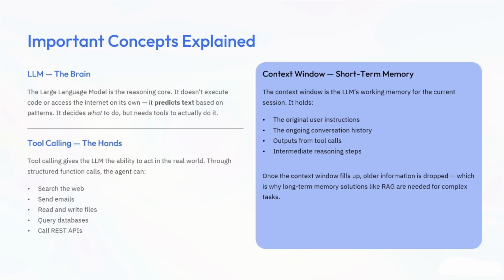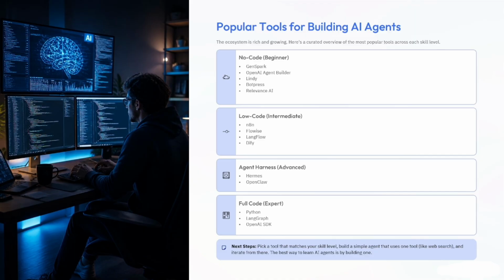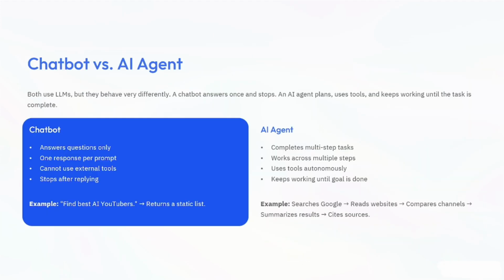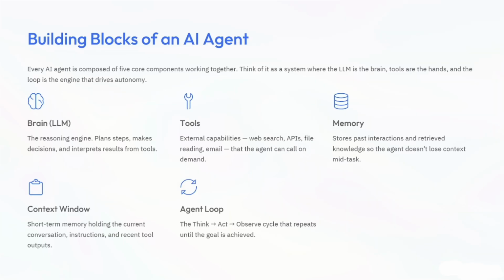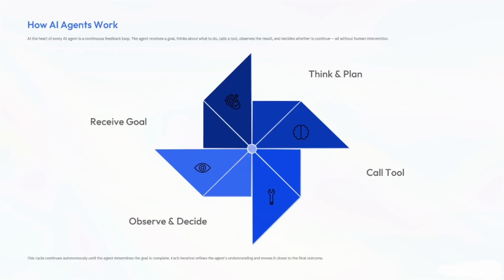I will be covering how an AI agent works. Let's understand this thing. Every AI agent is a continuous feedback loop. The agent receives the goal, thinks about what to do, calls a tool, observes the results, and decides whether to continue, all without human interaction.